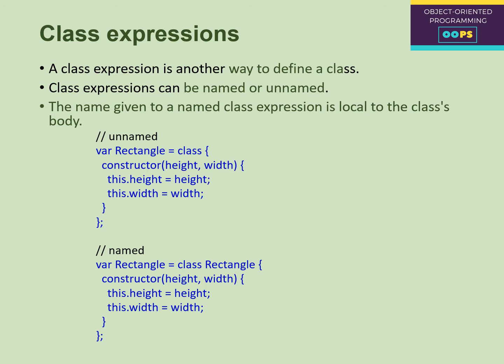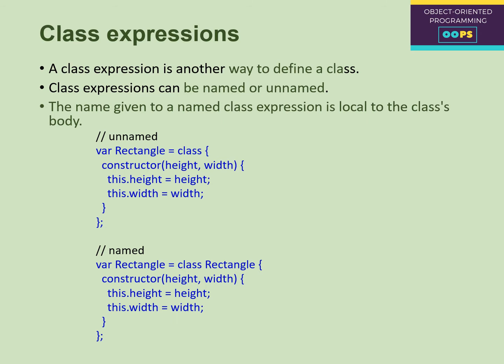Class expressions. A class expression is another way to define a class. While defining classes, I already told you that two methods we have to consider: class declaration and class expression. So a class expression is another way to define a class, and class expressions can be named or unnamed. The name given to a named class expression is local to the class body.